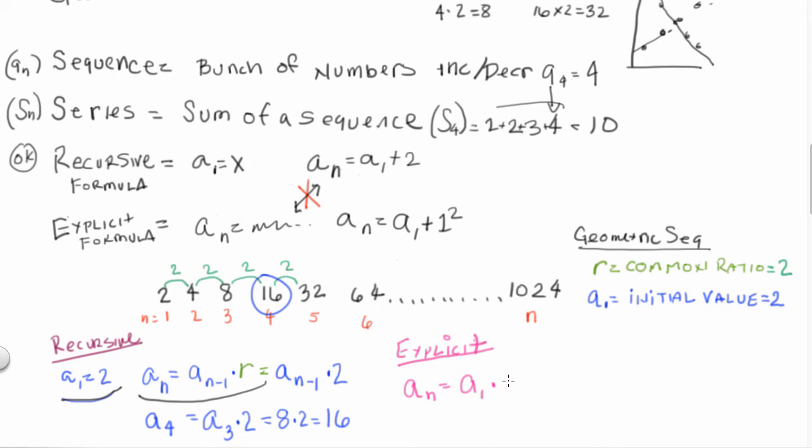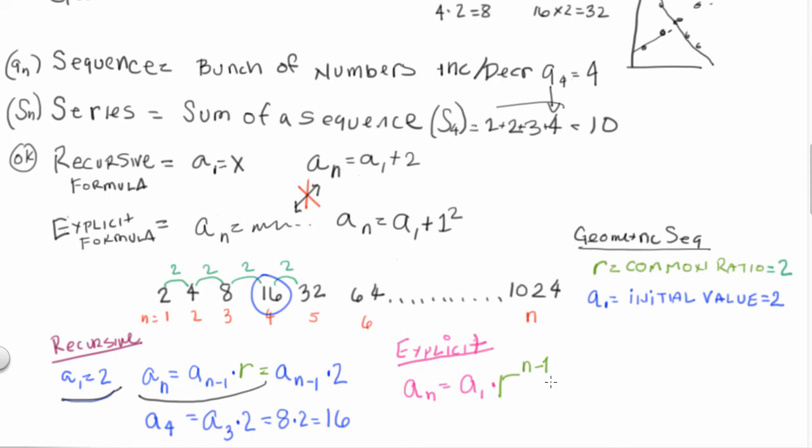What they share in common is that it's just one formula. So in this case, it's going to be a to the 1 times r to the n minus 1. And there's that whole fancy n minus 1 thing. I know that just drives you crazy, but once you've done it enough times, you're going to start to get the hang of it. So it's not that fancy.